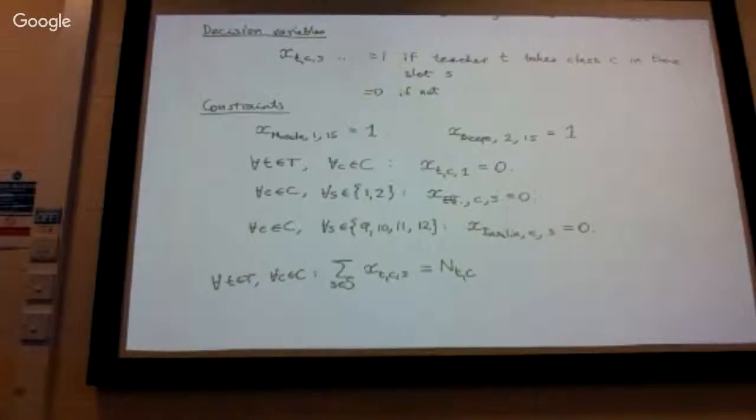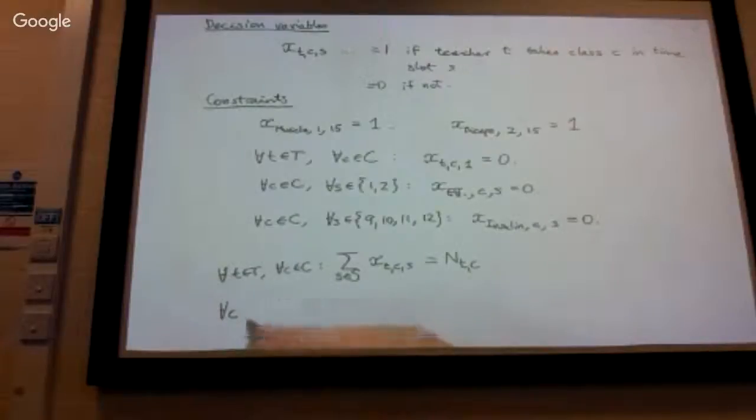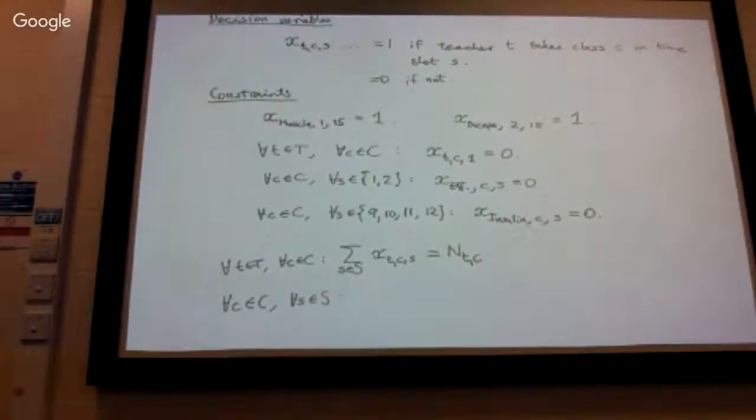Okay. So yeah, that's an important one because for every class and for every time slot, you want them to have no more than one teacher assigned in that specific time slot.